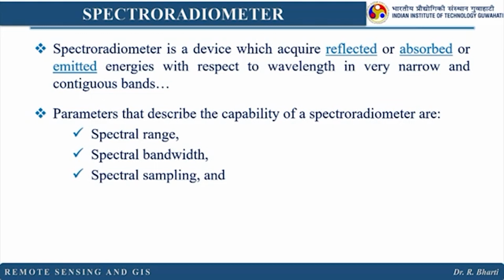In spectral sampling, we basically see how frequently the instrument is going to acquire samples. In a minute or in a second, how many samples will it acquire? Let us say 100 measurements per second or 1000 measurements per second, because these instruments are very sensitive.